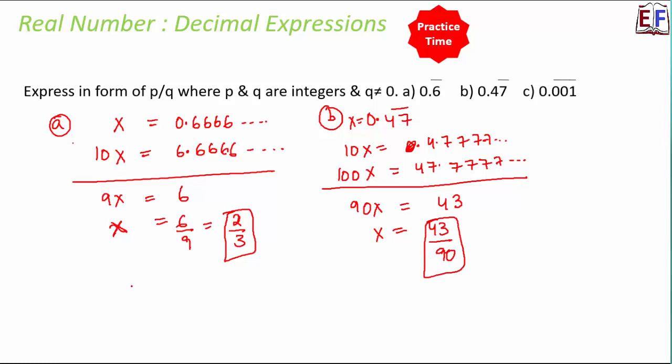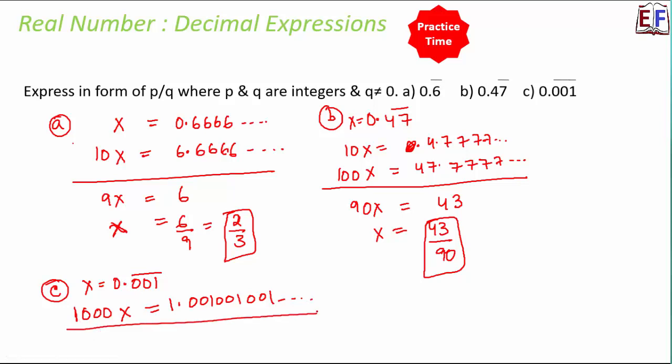In the third option C, we have 0.001 repeating. So here how many repeating digits do we have? 3. So we will multiply it by 1000. So x is equal to this, and 1000x will be equal to 1.001001 and so on.